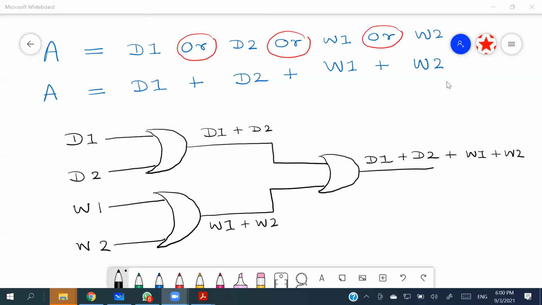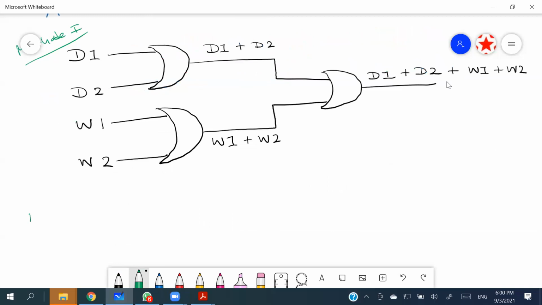Right, great. Okay, so this is one method. Let me call it method one for this circuit. And you can also draw this just by using one OR gate.